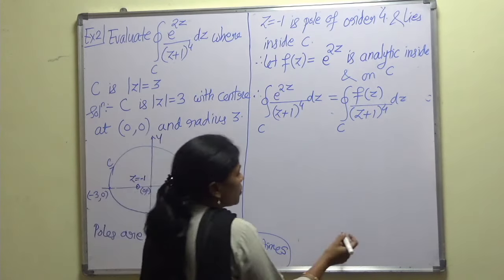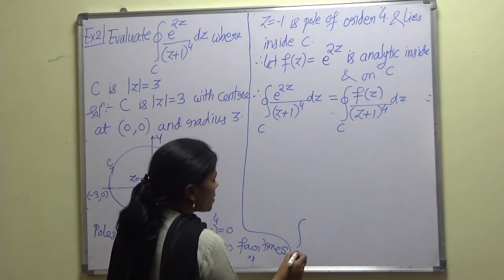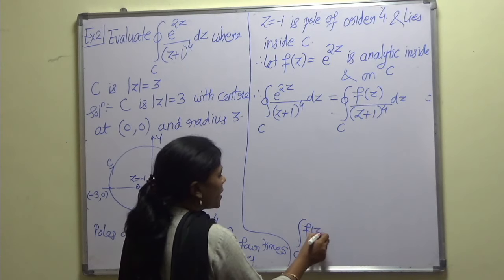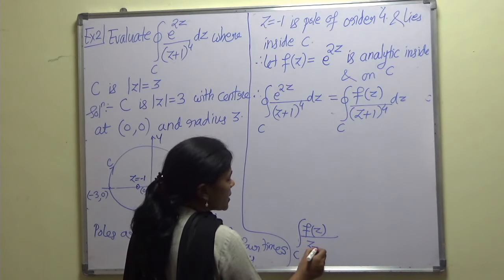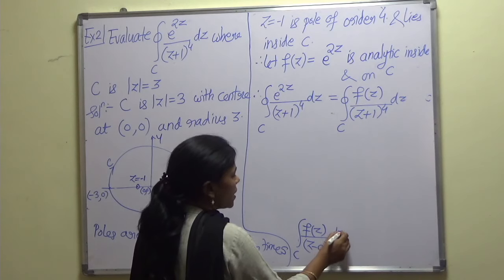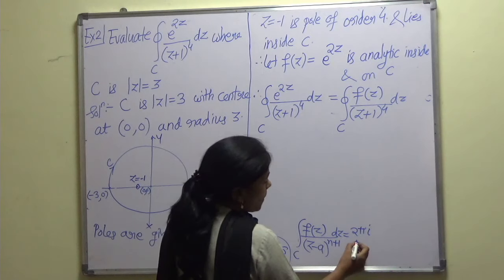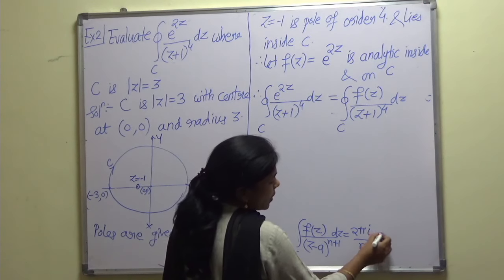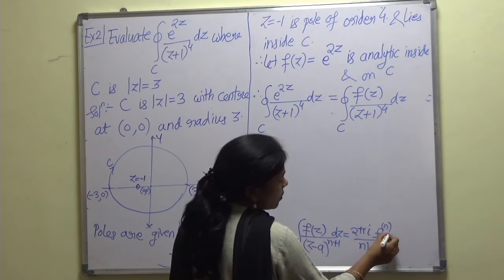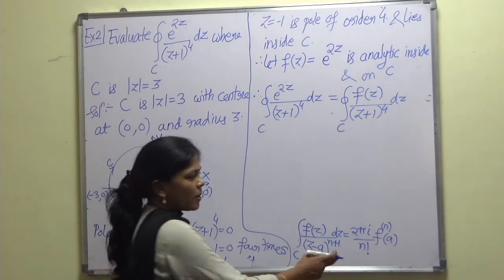So what we get? Recall that formula. Integration over C of f of z upon z minus a raised to power n plus 1 is nothing but 2 pi I upon n factorial and then nth derivative of f of z at a. So this formula will apply.